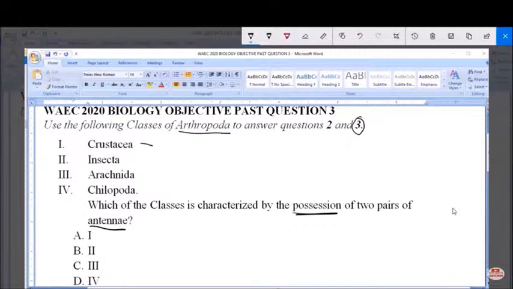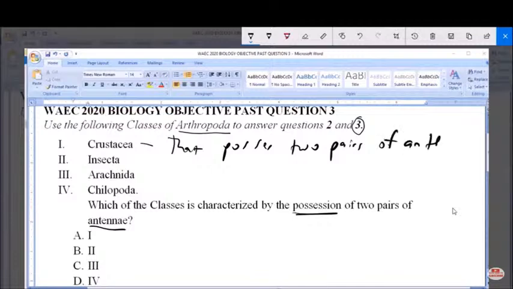So as regarding possession of antenna, the class Crustacea are the only class under the phylum Arthropoda that possess 2 pairs of antenna. That is, they possess 4 antenna. Insecta possess just 1 pair.